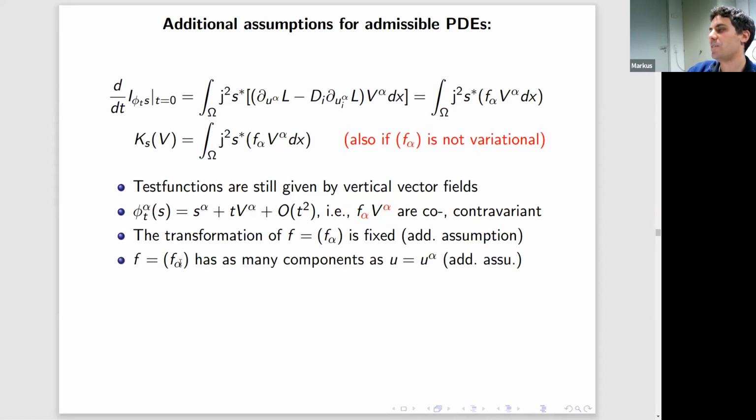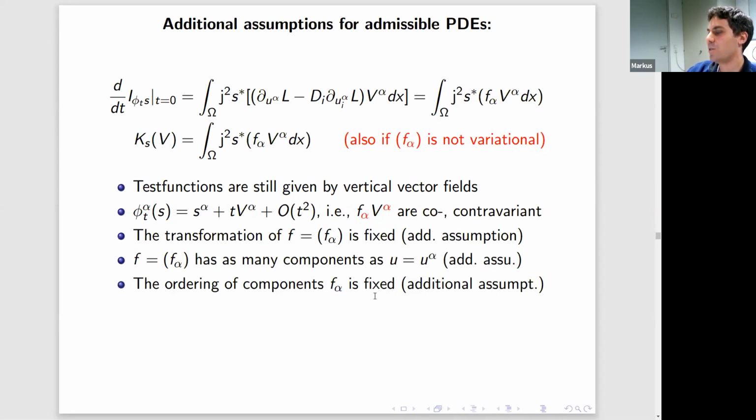This also implies that the PDE has as many components as our solution U has components. So if you have only one PDE, a scalar PDE, then we have a scalar solution, not a vector valued solution, and so on. And also the ordering of the PDE is fixed. If you have a system of PDEs, then you have a first equation, a second equation, and so on. You cannot simply change the order, because the first equation corresponds to your first component of U and so on.